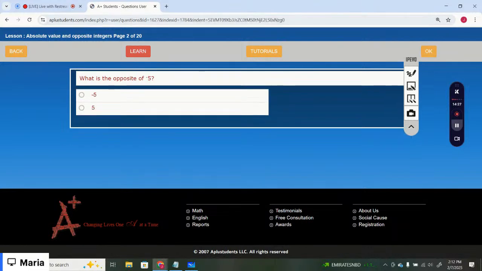What is the opposite of negative 5? Opposite of negative 5 is positive 5. Option number 2 is the correct option.